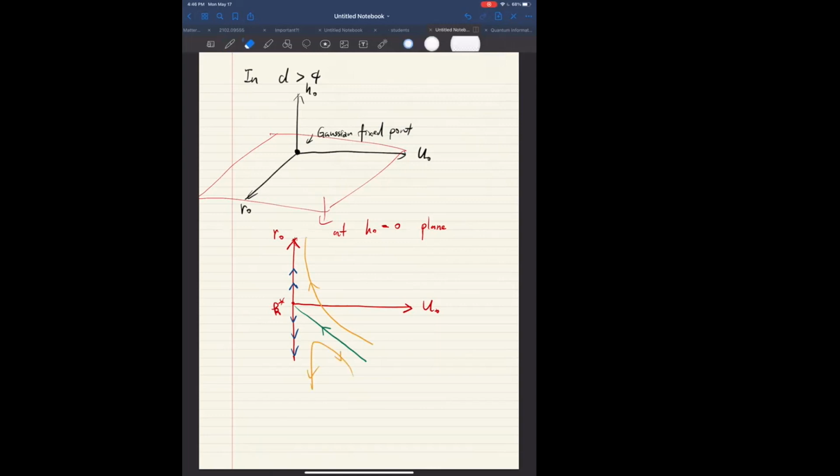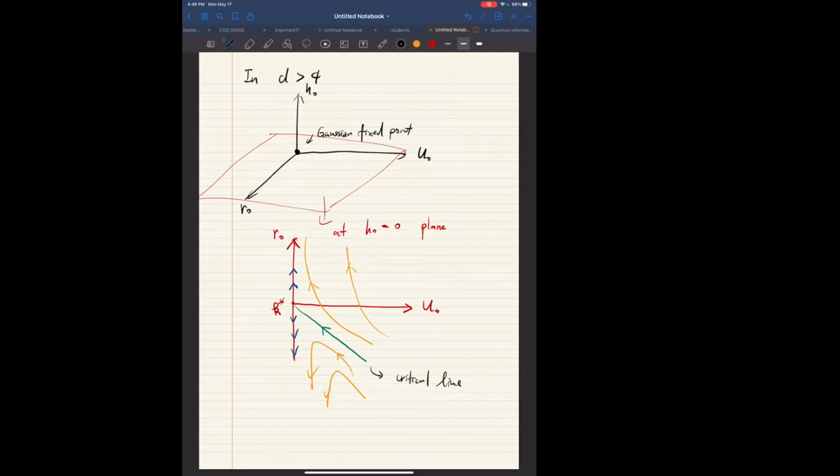So that's basically the flow you have. So this line, as we discussed in the Ising model, should be the critical line, defined as all the flows going toward the fixed point.